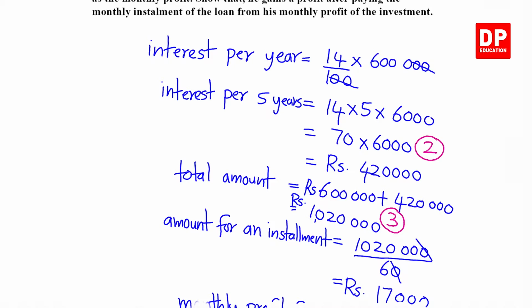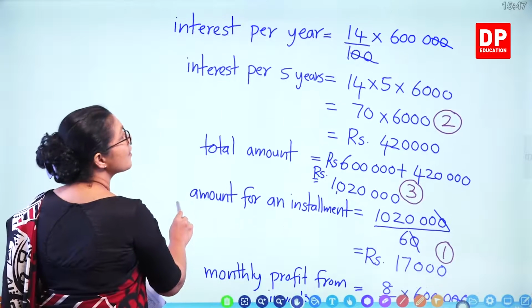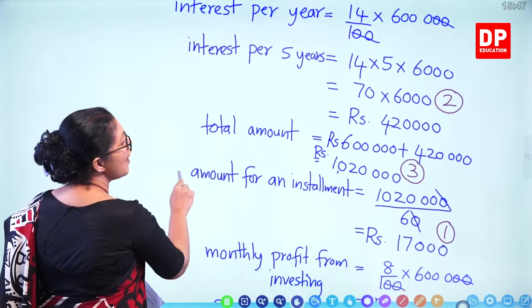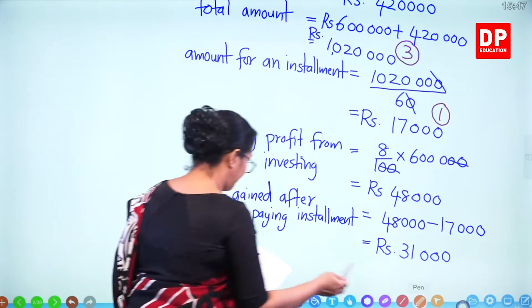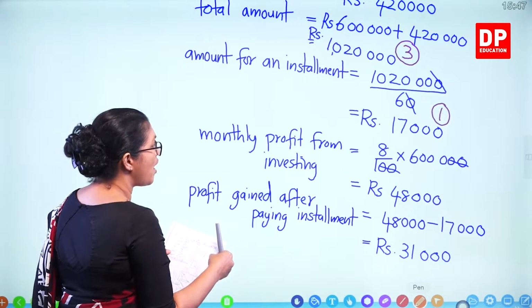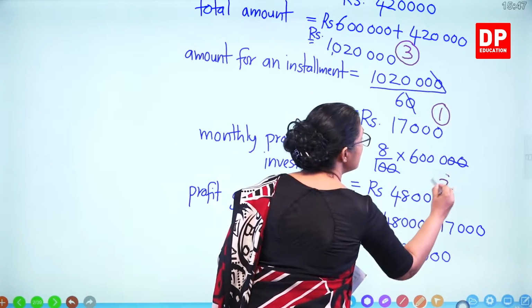And 1 mark for 17,000 rupees. And 2 marks for 48,000.